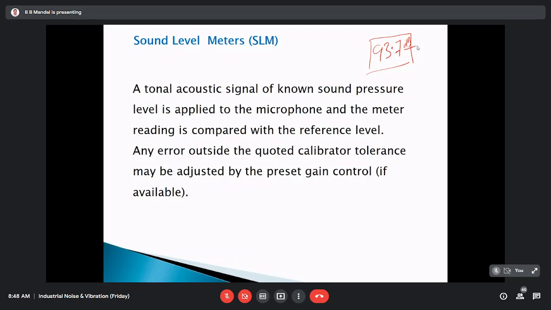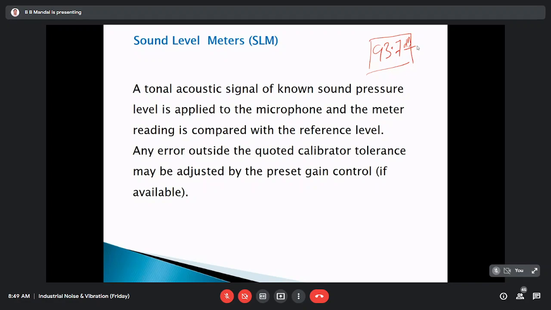Then the physical characteristics of the microphone, the sensitivity, also change. So when you are going outside, especially in field conditions, with temperature differences, and also due to aging, that means you have used it for 5 years or so, you can expect there will be certain change in the characteristics of the microphones.